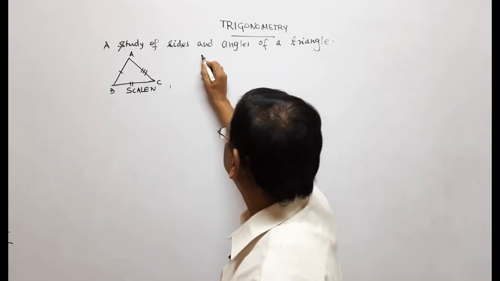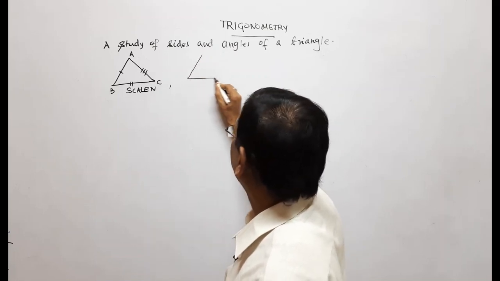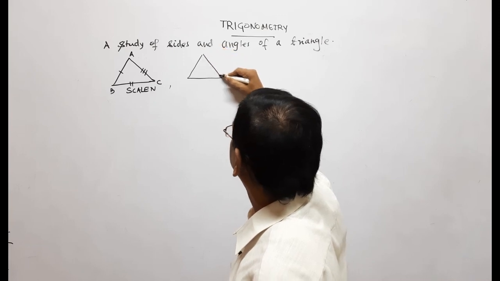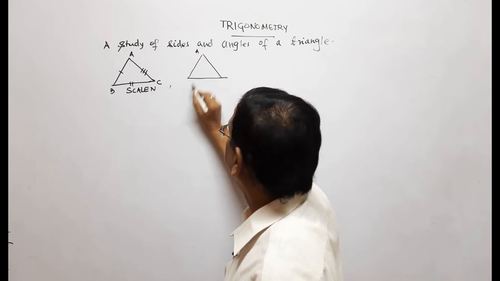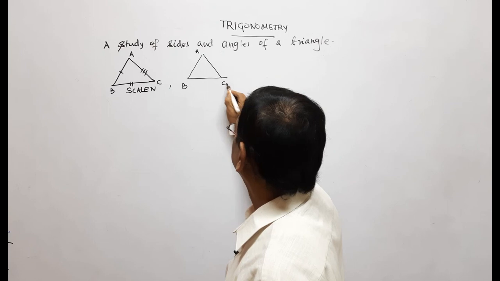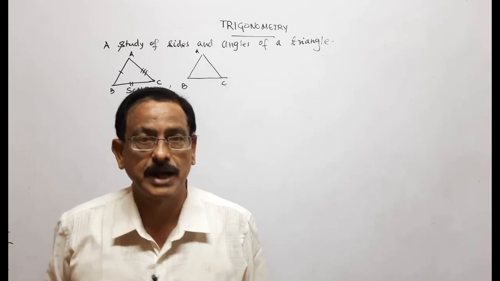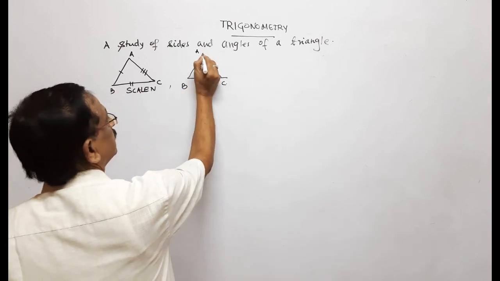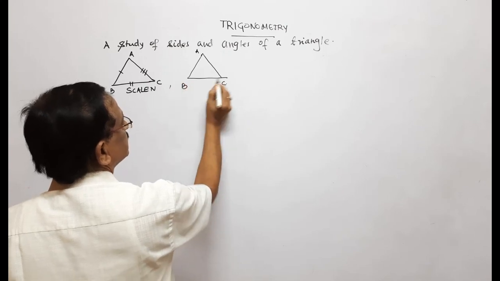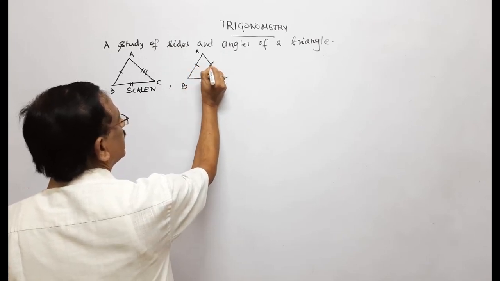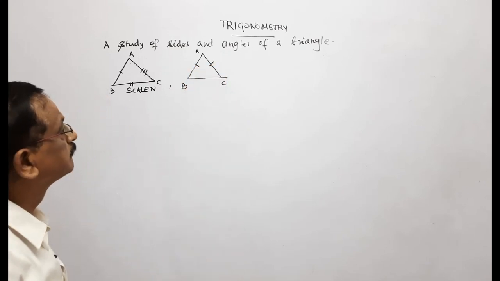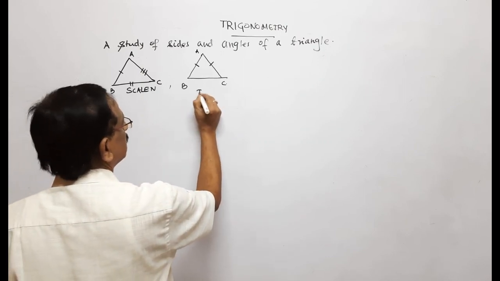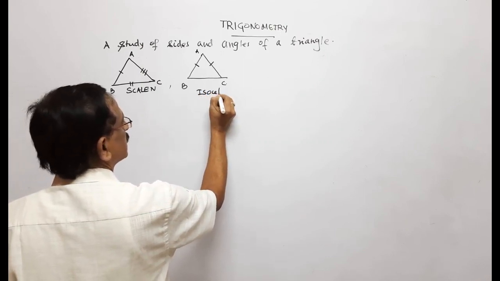I would like to see a triangle where two sides are equal. ABC is a triangle, AB is a side, AC is a side, BC is another side. If AB and AC are equal, then it is called isosceles.